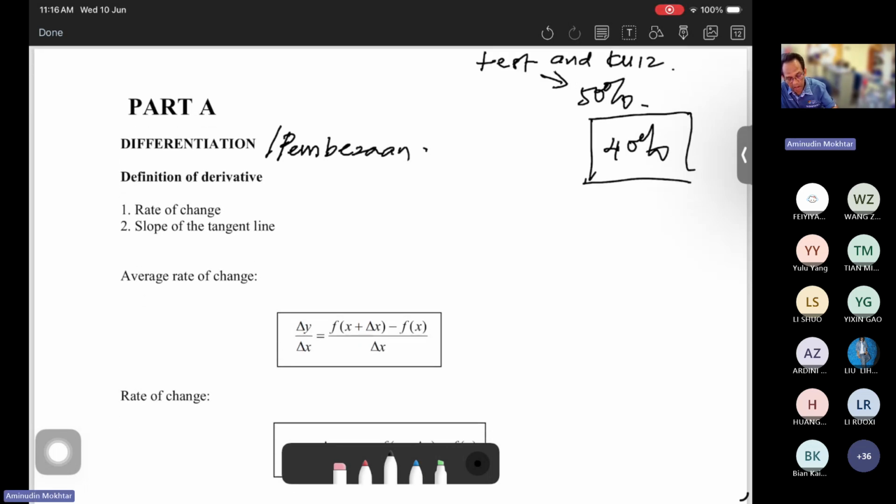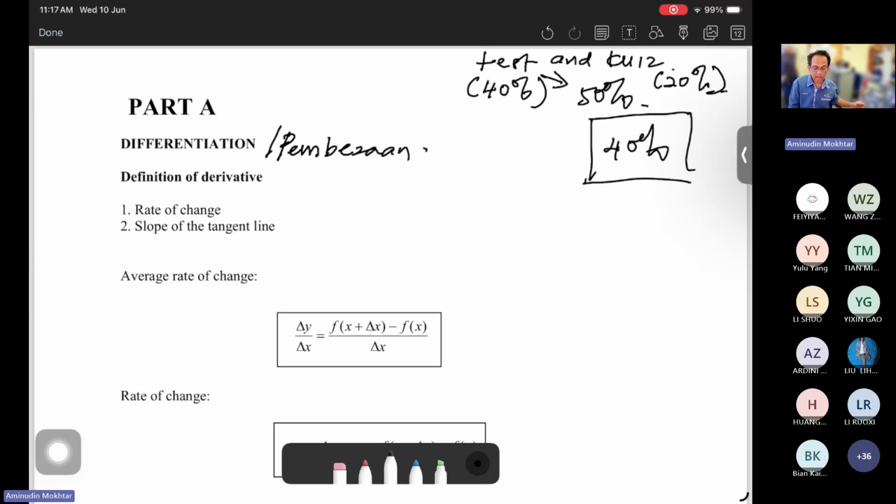For the mid test, the weightage is only 40%, and for quiz, the carry mark is only 20%.